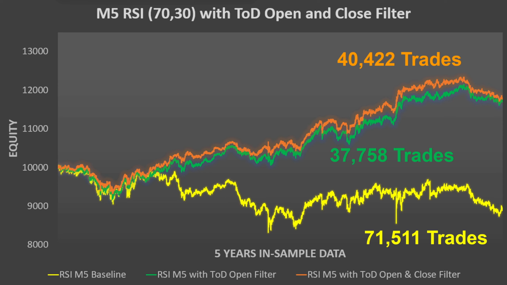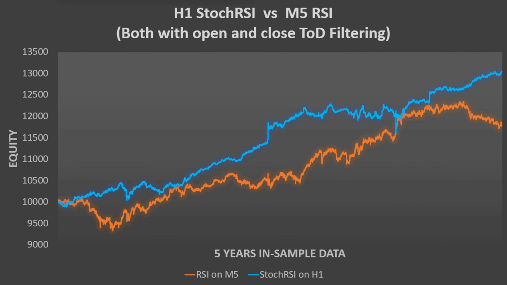But of course, we now have to return to the main focus of our analysis, which was to compare the RSI indicator with the stochastic RSI. So let's now look at the equity charts for both of these at the same stage, i.e. where we'd implemented a time of day open filter and also that time of day close filter based on the equity flow analysis. And they're now much more comparable than they were before.